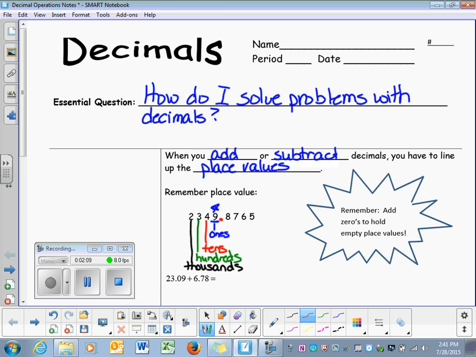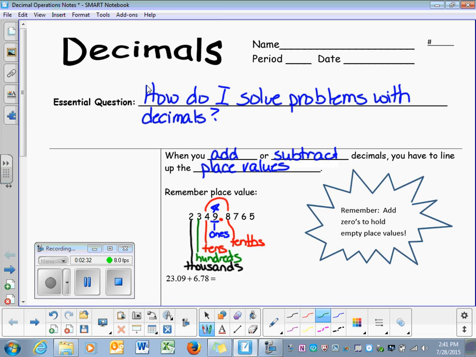To the right of the decimal point, we're going to mirror. So we have the tenths. And I'm emphasizing the THS on the end there. Tenths versus tens. So we've got this kind of mirror effect going on.